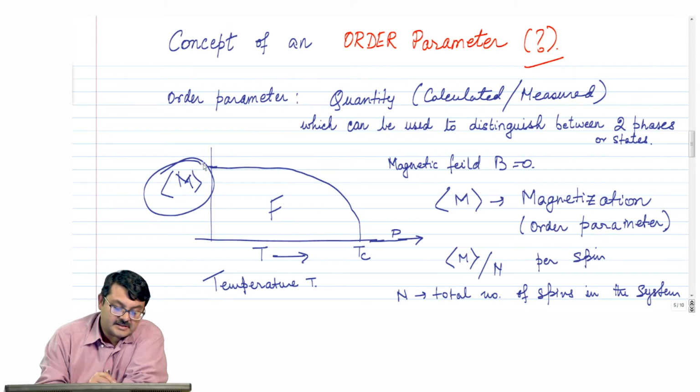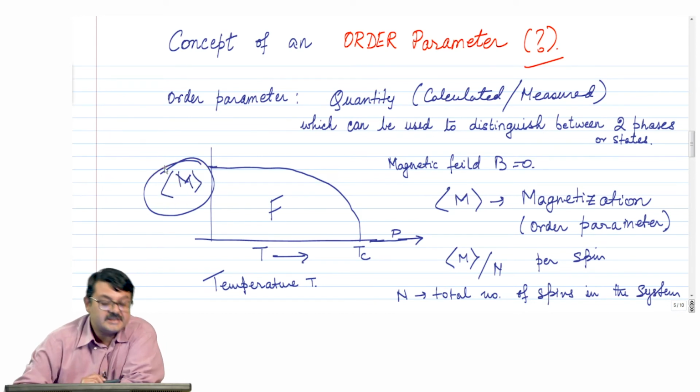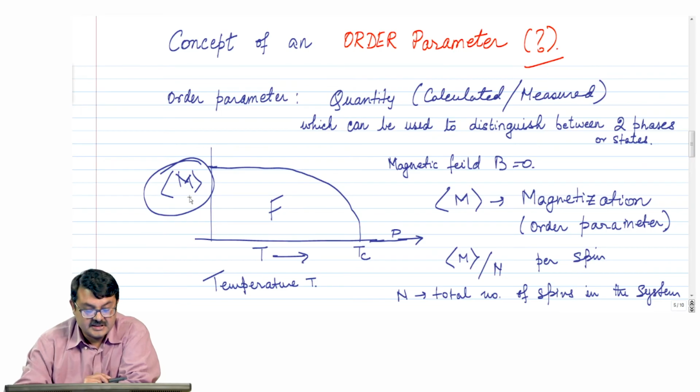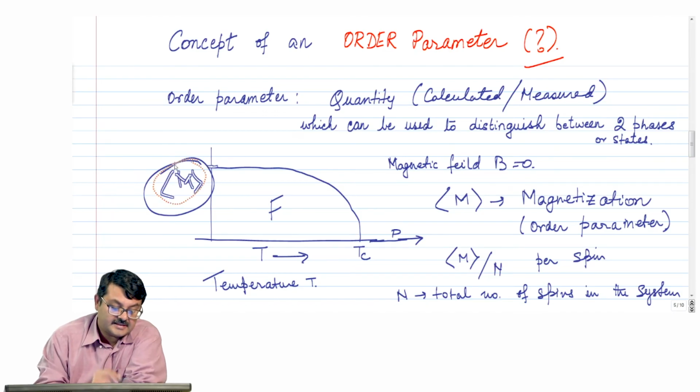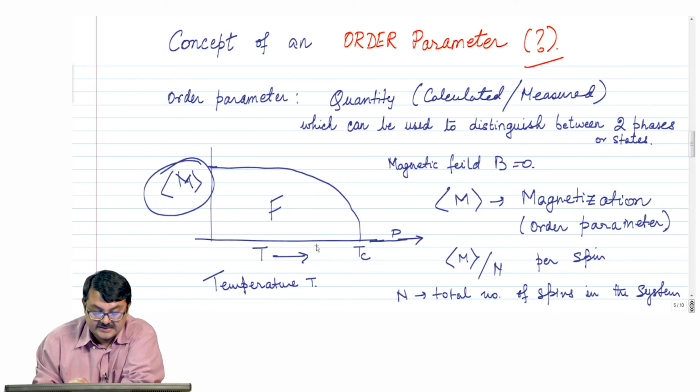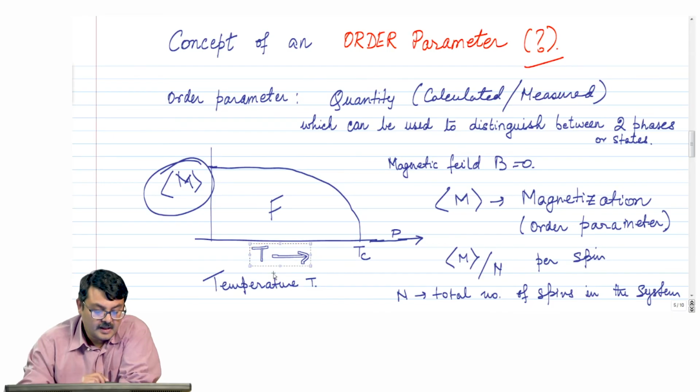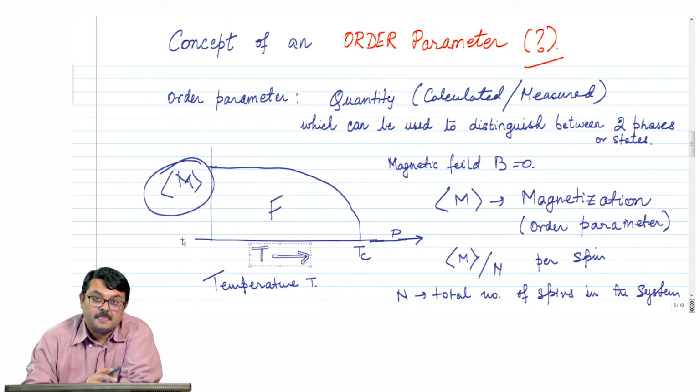At low temperatures, the average magnetization shows a finite value at 0 temperature. So, basically what is plotted on the y axis, you are plotting the magnetization, which you can define as the order parameter to characterize a ferromagnetic to paramagnetic transition. So, on the y axis there is magnetization, on the x axis there is temperature, and at 0 temperature basically all the magnetic moments in a ferromagnet will be pointing in the same direction.